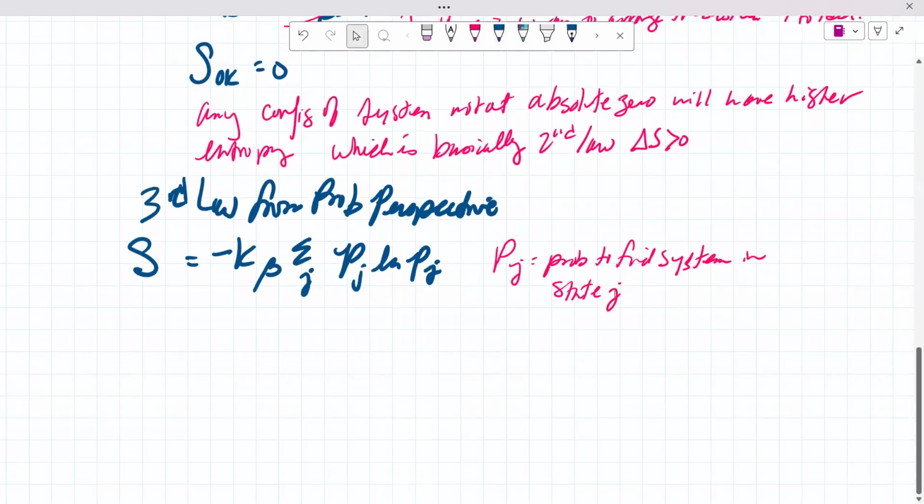At absolute zero, only the lowest energy state is occupied. We kind of already knew that.